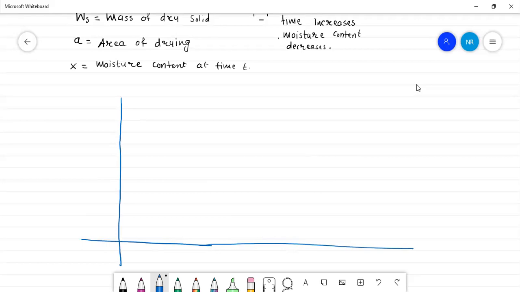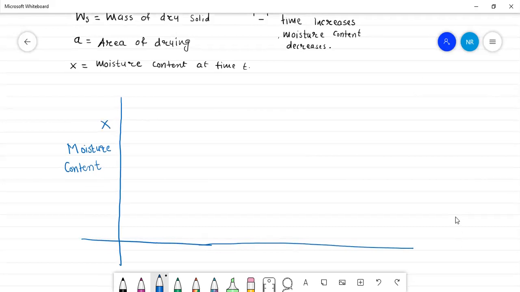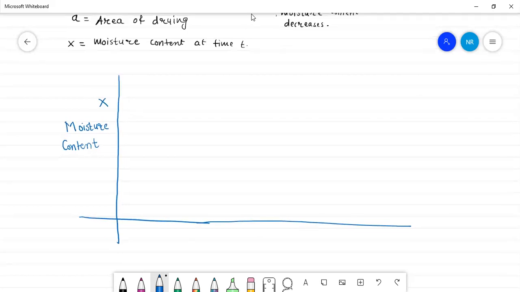moisture content X versus time t. When moisture X versus time t.